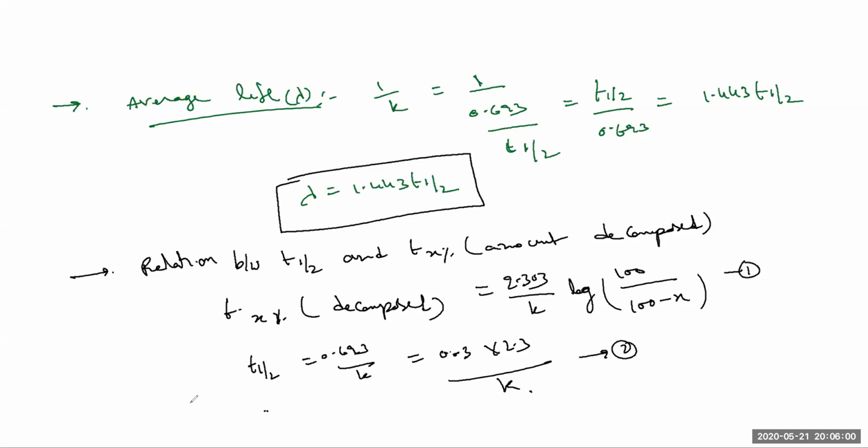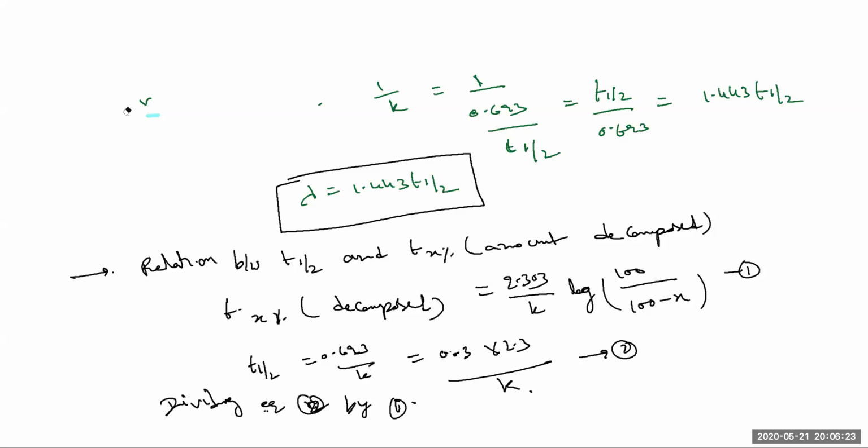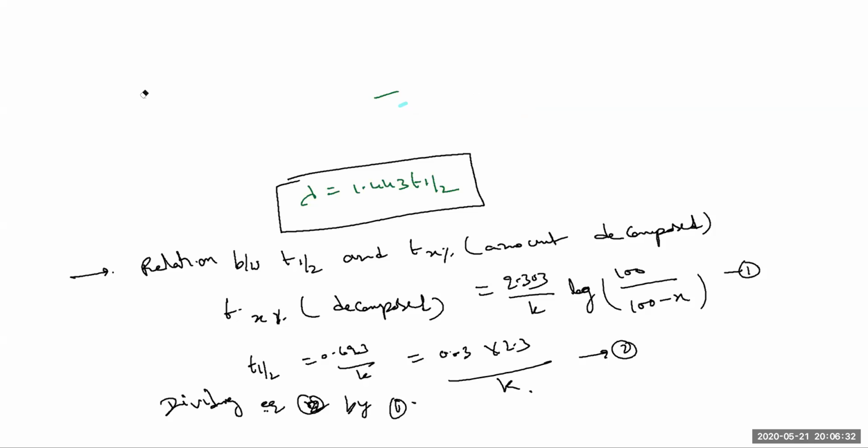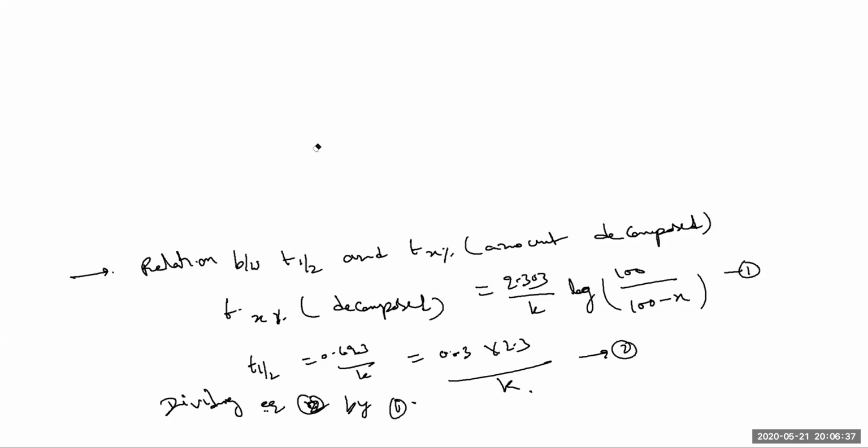Dividing equation 2 by 1, T half by T X percentage is equal to 0.3 divided by log of 100 by 100 minus X. Take this important part.